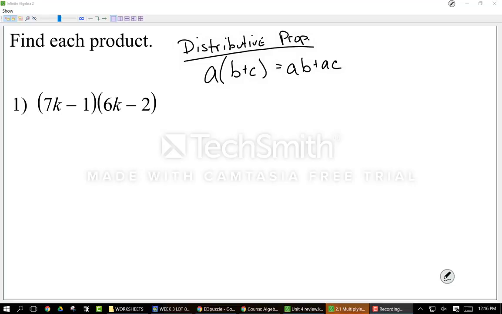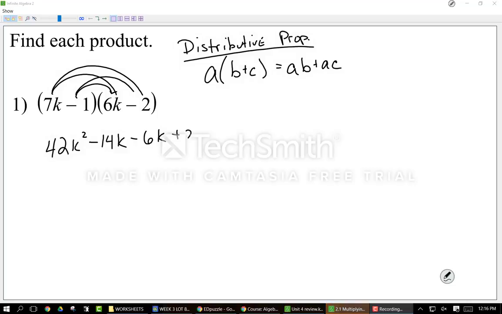Well, in this case, I have two sets of parentheses. So here's how the distributive property works. I'm going to take 7k times 6k, 42k squared. Then I'm going to take 7k times negative 2, negative 14k. Then I take negative 1 times 6k. I get negative 6k, and then negative 1 times negative 2, which is positive 2.